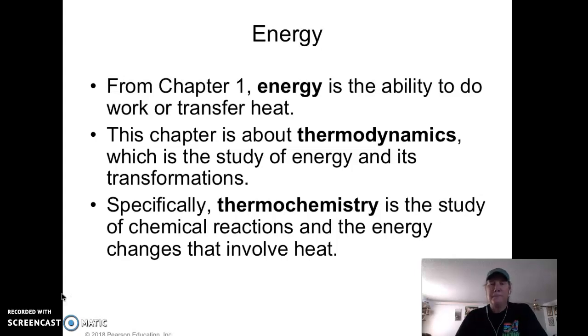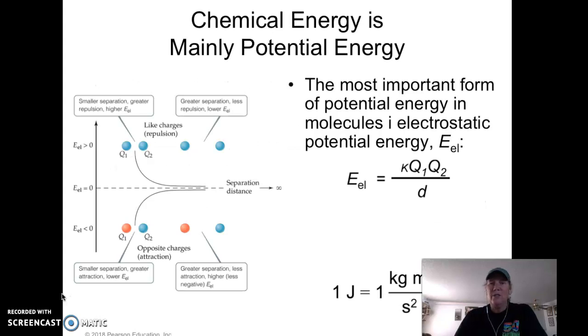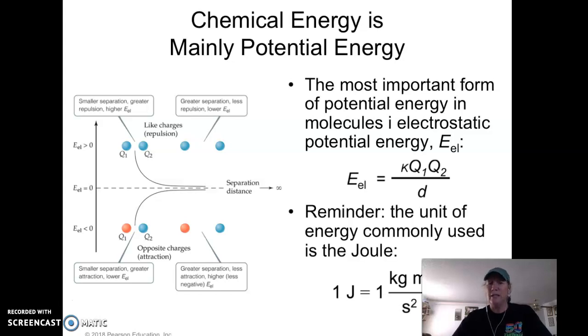If you look here, there are graphs that show you them, but really the most important thing to remember about chemical energy is it's potential energy. It's there waiting for you to use it. And there's an equation for it. We're not going to worry about that, but when we're talking about energy, we're talking about joules.